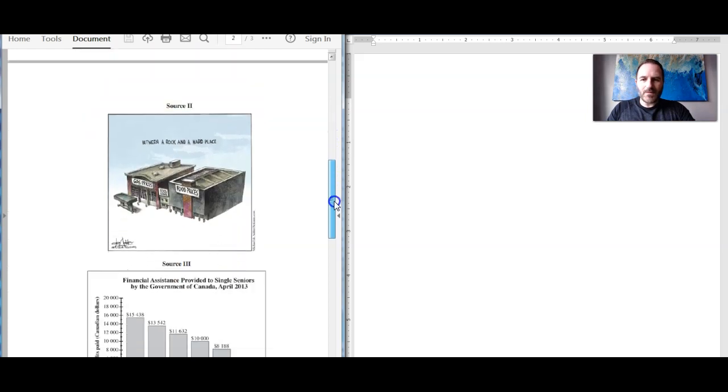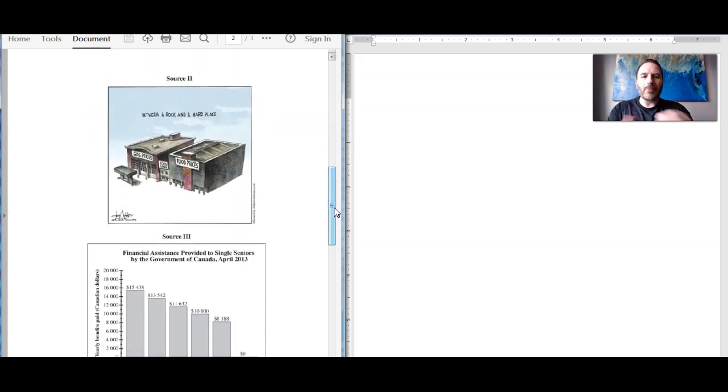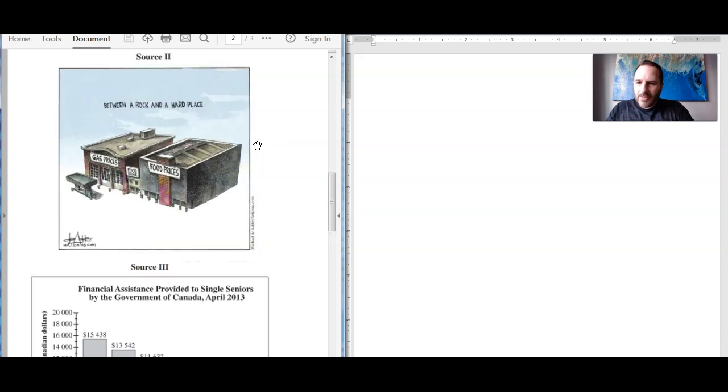Now, let's move on to the second source, and then we'll compose a 4th paragraph together. You can see me compose a 4th paragraph. All right, so I'll just make this a little bit larger here if I can. There we go. So it says, between a rock and a hard place. So you have gas prices, you have food prices, which are typically, when they're high, what suffers? Well, you can see it in the middle there. The food bank gets squeezed, right?